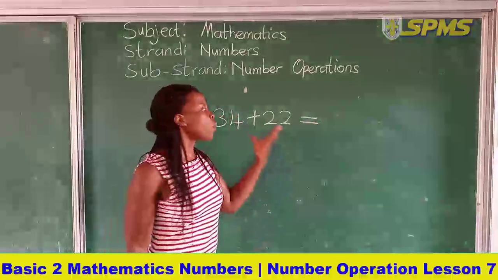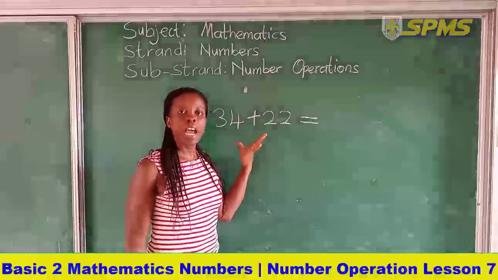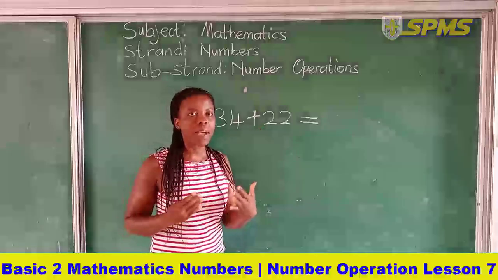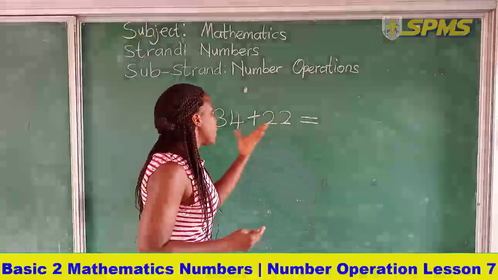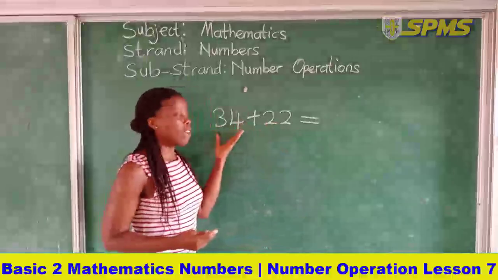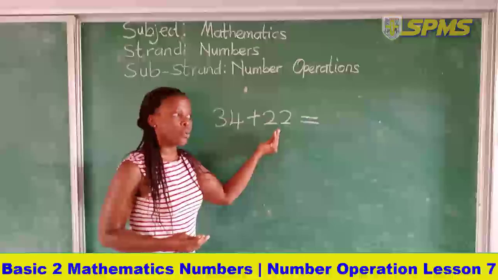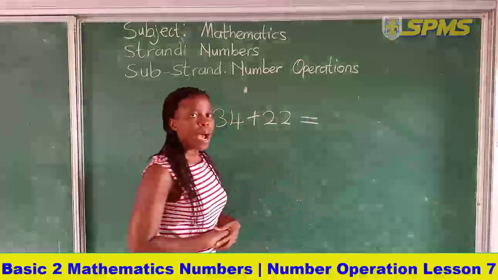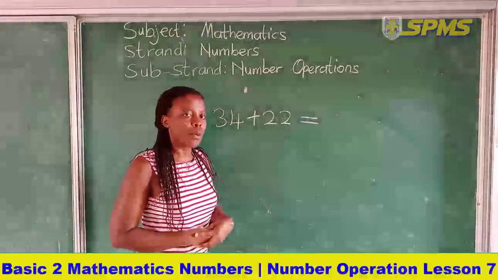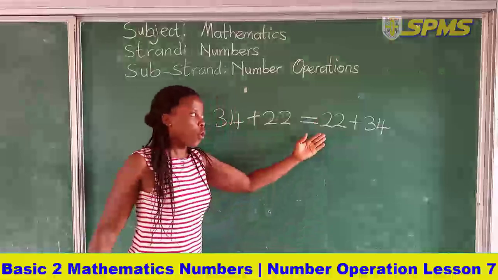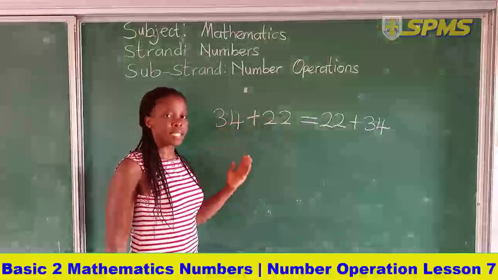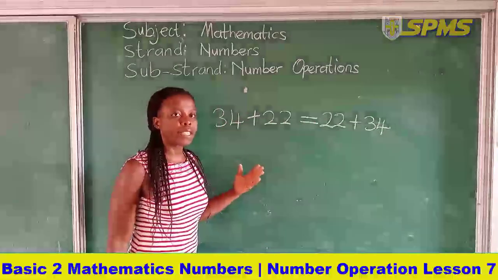If we want to commutate this in a reverse manner, what am I going to do? This time I wouldn't bring 34 first. I'll bring 22.